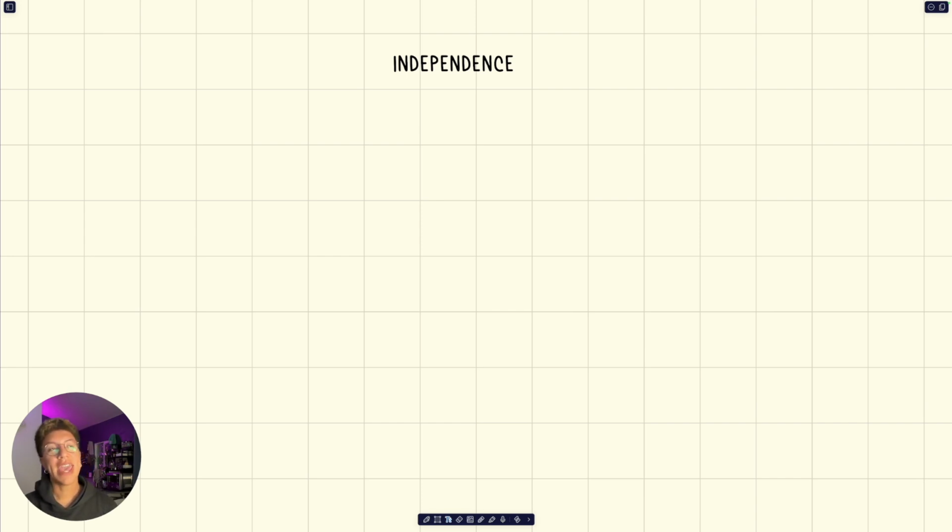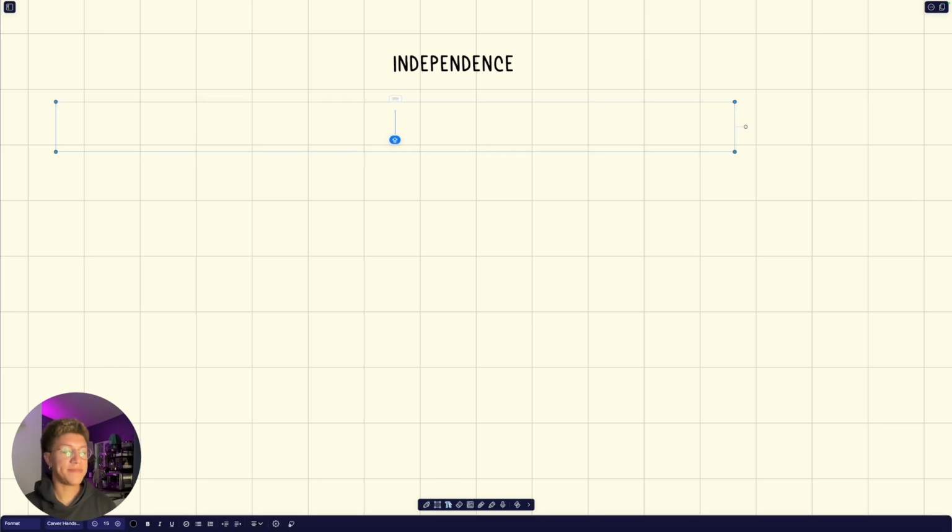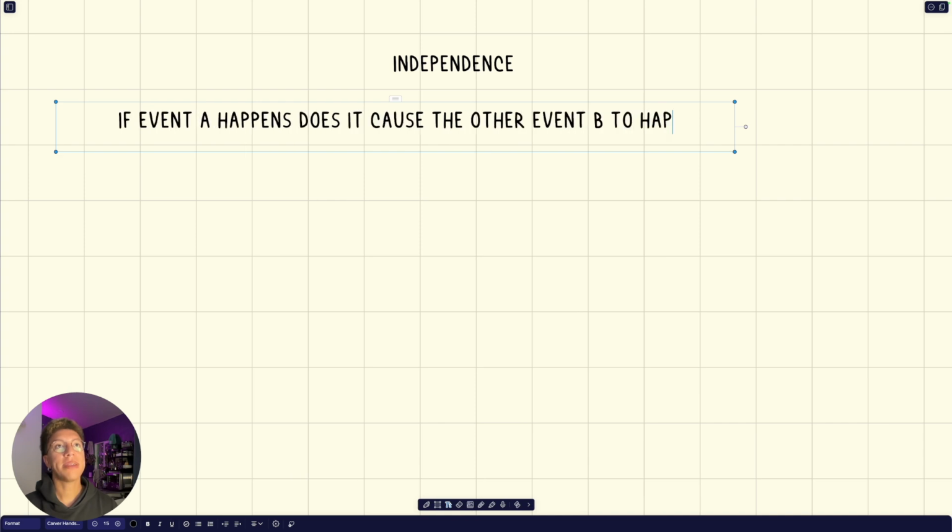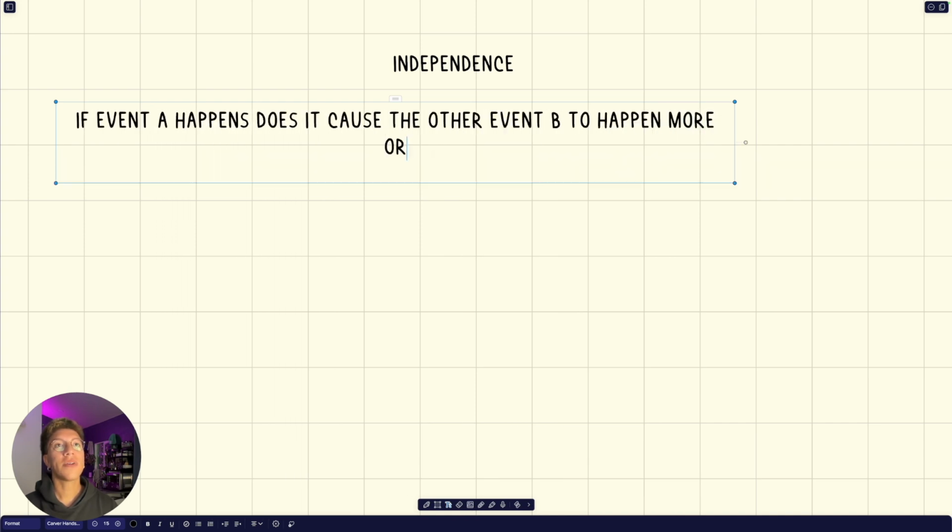So if event A happens, is it more likely that the other event will happen or less likely that the other event will happen? So that's kind of the guiding question. If event A happens, does it cause the other event B to happen more or less often or the same?